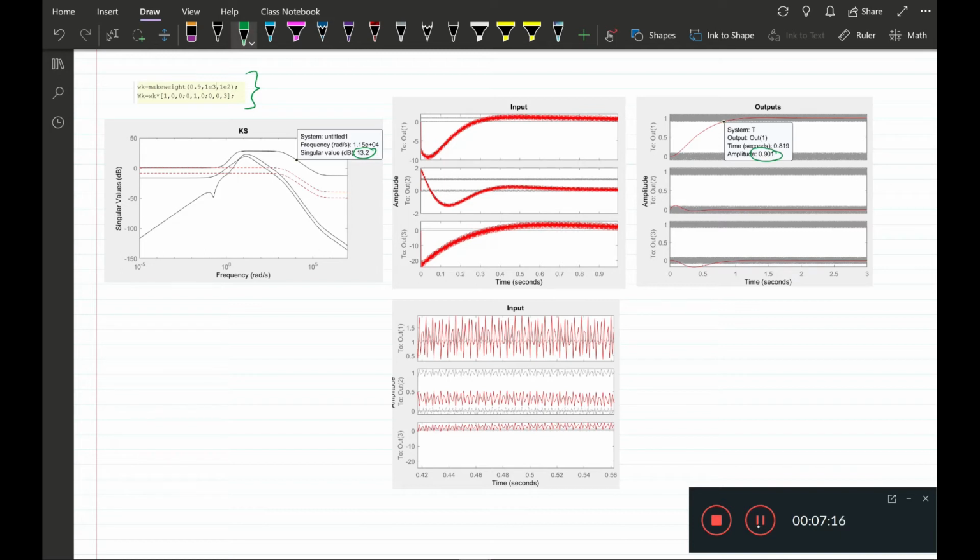So the output again is undisturbed, but we do have input oscillations, and now this is the zoomed in figure.